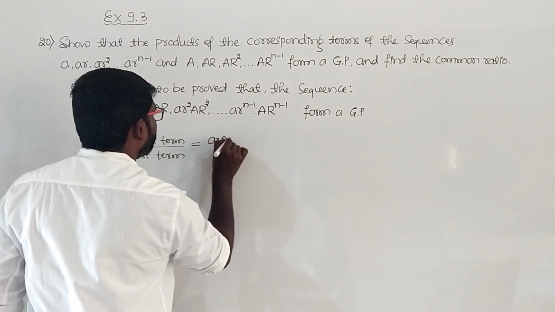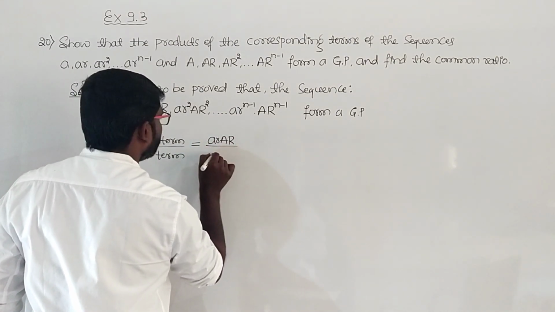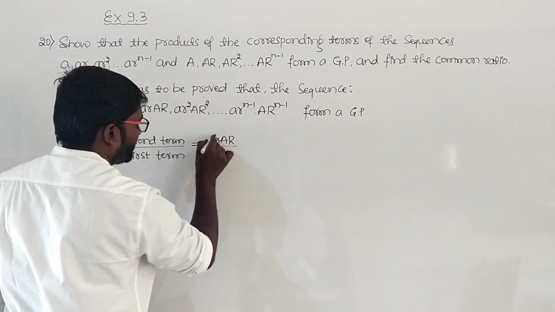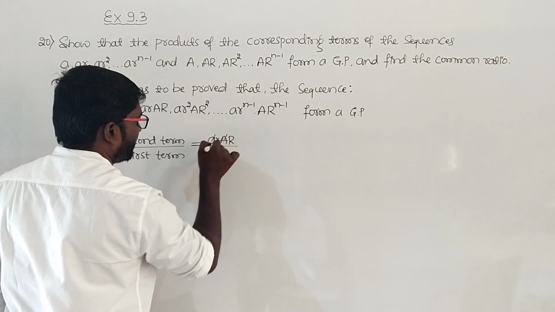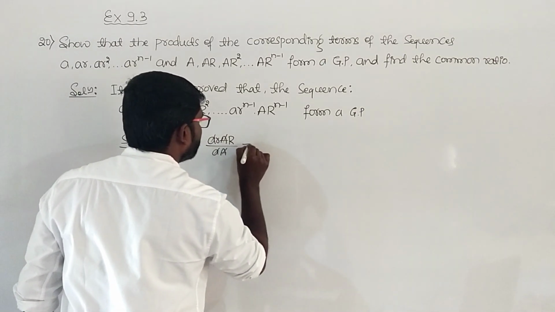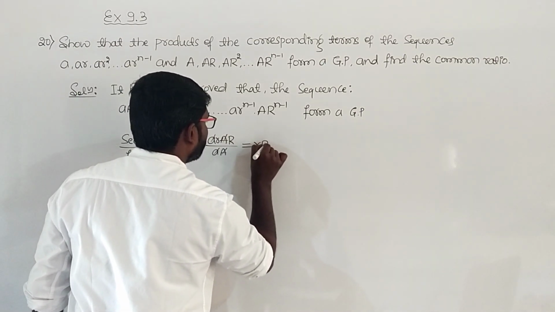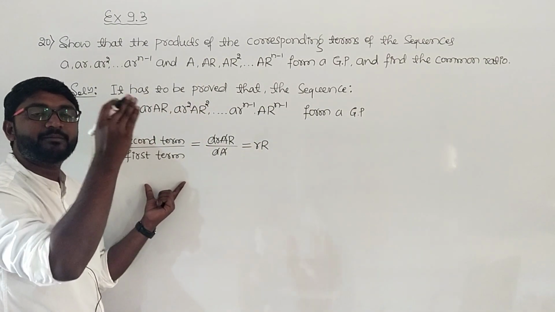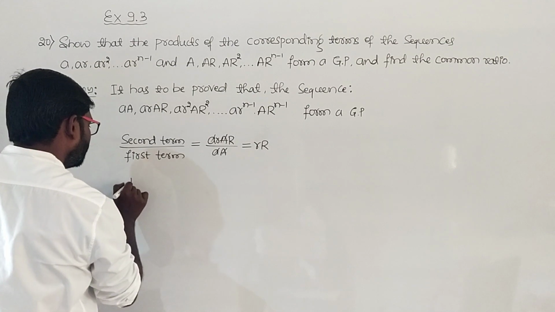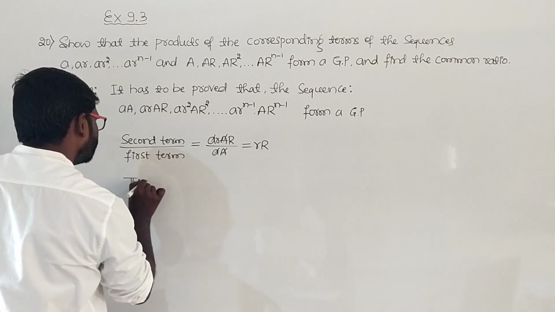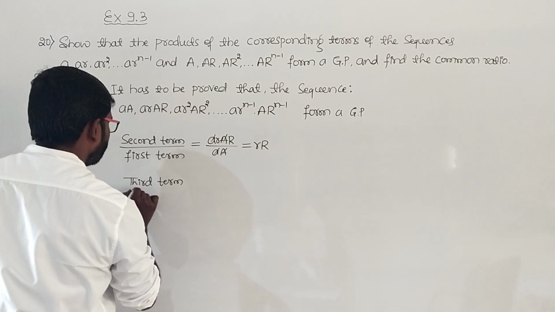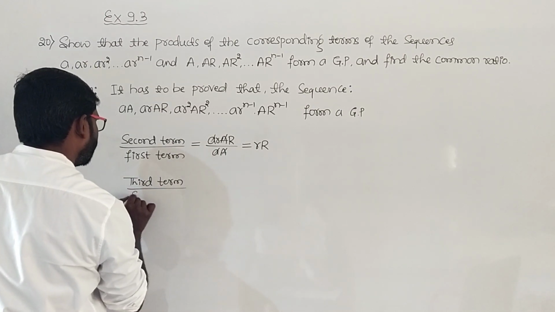AR into capital AR divided by A into capital A. So now small a gets cancelled, capital A gets cancelled, so it is R into capital R. Then now I will go for the third term divided by the second term.